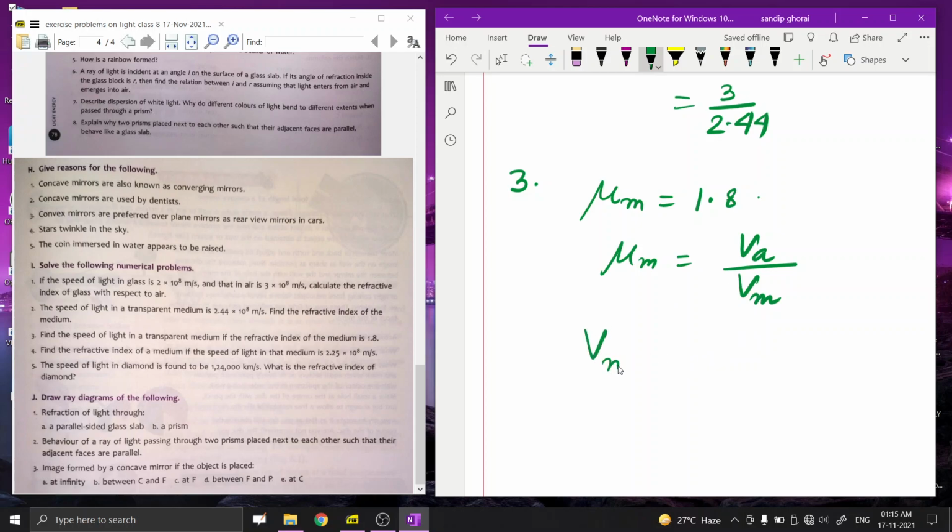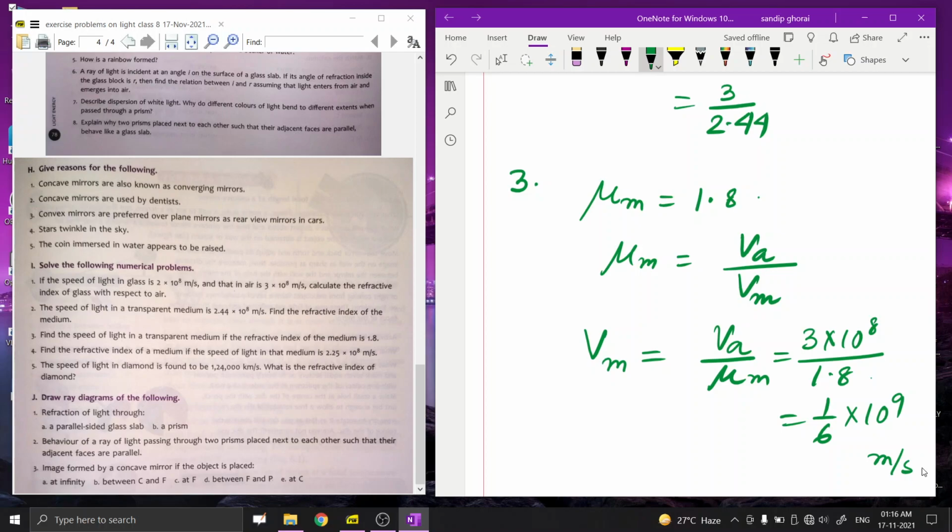That means Vm is equal to Va by mu m, so Vm is equal to 3 into 10 to the power 8 divided by 1.8. So it is 1 by 6 into 10 to the power 9 meter per second.